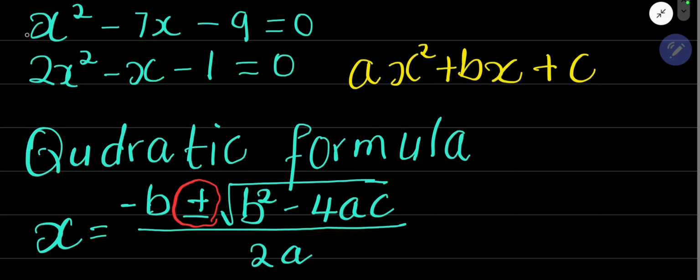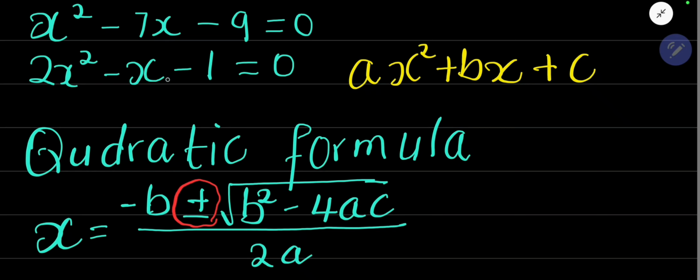The coefficient of x squared is 1, so in the first equation, a is 1, b is equal to minus 7, and c is minus 9. Notice that I said minus 9, not 9. Every time you call a number, please call it with its sign, the sign on the left side of that number.